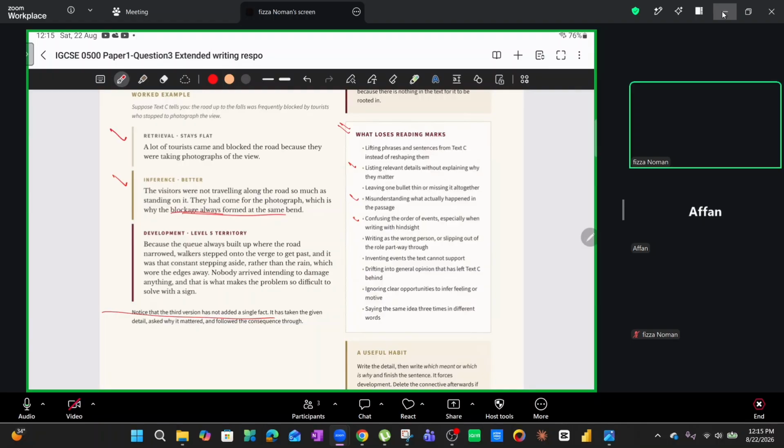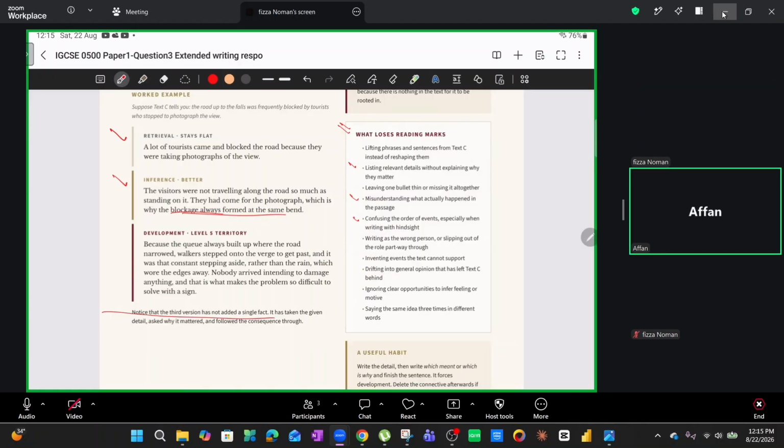All right, hindsight in this case simply means understanding or realizing something clearly, but only after it has already happened. For example, you made a mistake already and then you realize you made a mistake. You know what I'm saying?